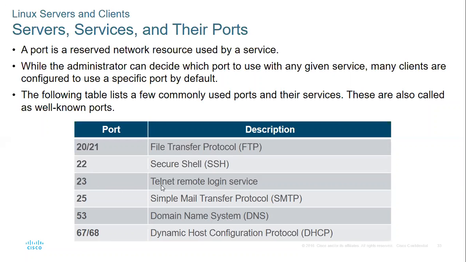23, Telnet. This is a service that we use when we want to manage a device which is very far. The difference between Secure Shell and Telnet is that everything you are dealing with in Telnet is transmitted in clear text.